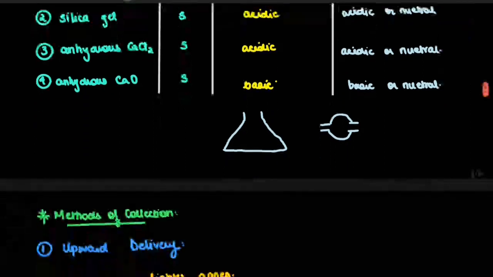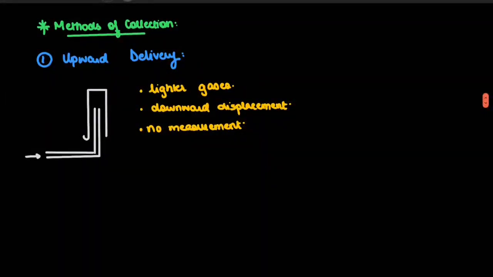Next, we move on to the methods of collection. We have four methods of collection in our syllabus: upward delivery, downward delivery, gas syringe, and collection over water. First of all, upward delivery. It is only for lighter gases, because lighter gases will move up than air, and they will displace it.